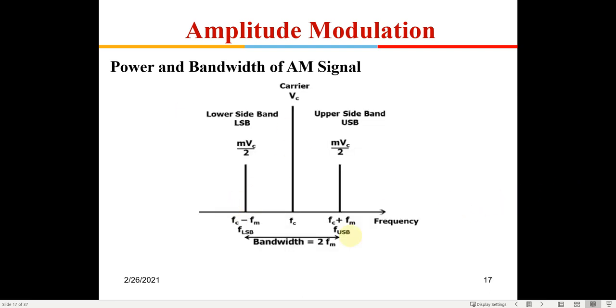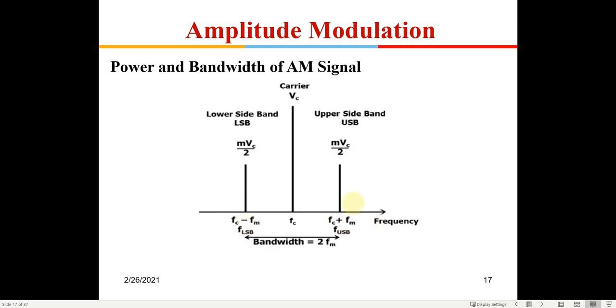Okay, now this is showing the frequency spectrum. The x-axis is the frequency. So you will have a carrier signal at FC, and it will have an amplitude of VC. Then you have FC minus FM and FC plus FM.